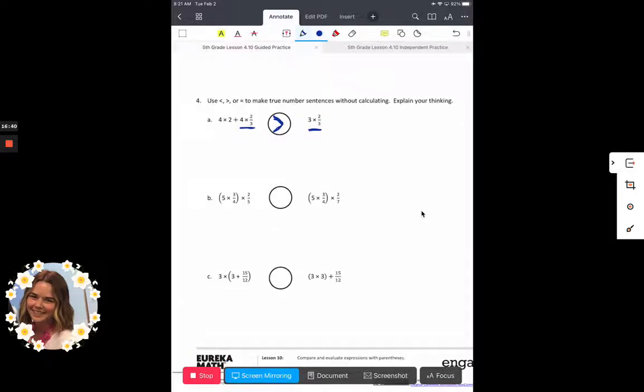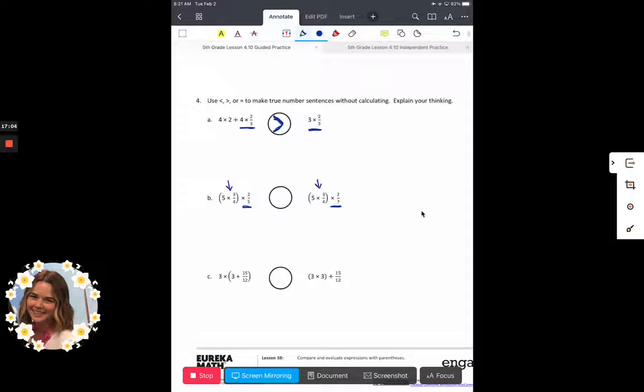Next, if we look at B, we have 5 times 3/4 times 2/5, and then 5 times 3/4 times 2/7. So since these two pieces are the same, we're mostly looking at what we're multiplying them by. So we have times 2/5 and times 2/7.